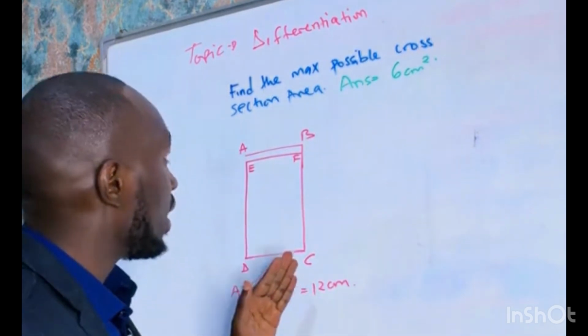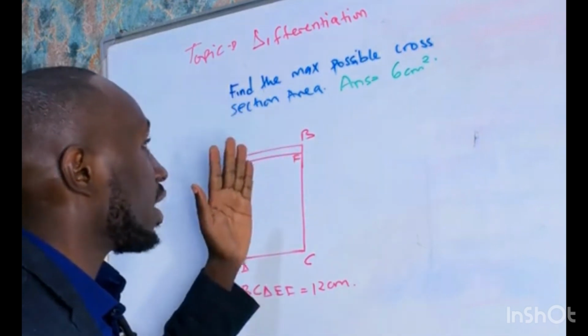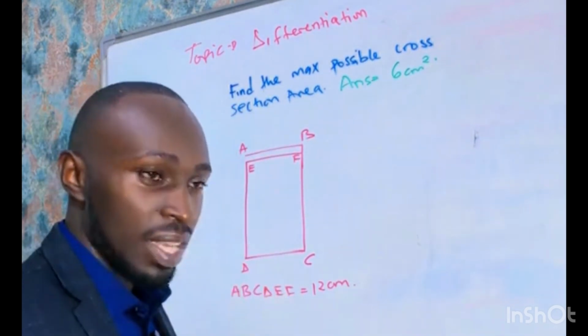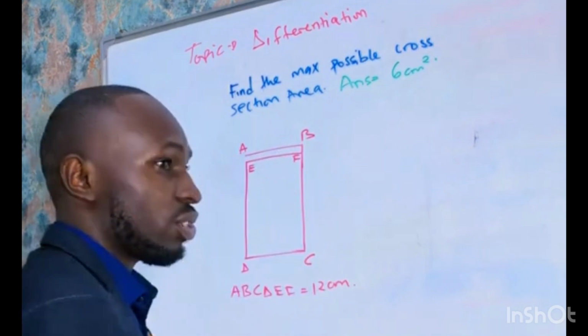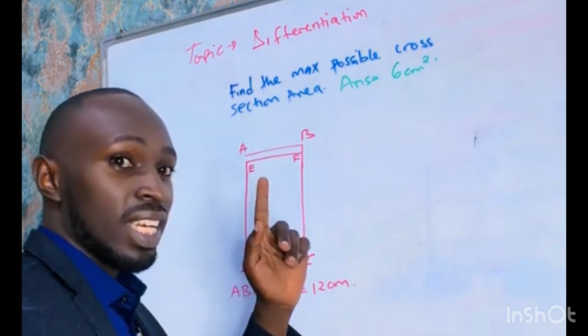The question asks us to find the maximum possible cross-sectional area, and the answer at the back of the book is 6 centimeters squared. Let's work hard together to find 6 centimeters squared.